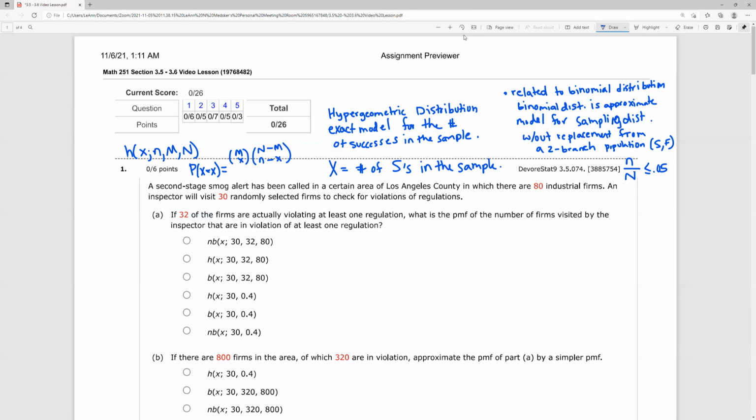Notice that if you add these together across the top, you get big N, and across the bottom n, but you can't really add those. It's just wanting you to see that these are complementary of each other. So this is the number of failures in the finite population, and this would be the number of failures in the small sample. And then that's all over capital N choose little n. Okay, so that is our formula for our probability.